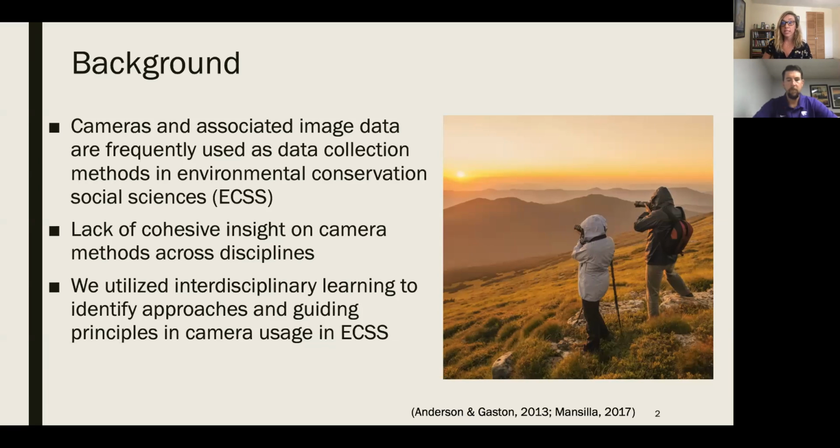And we realized that while we're really happy with that work, we can always learn more from other disciplines. And so in an effort to dive into the literature and seek out some advice from other disciplines, we found that there really is a lack of cohesive insight on camera methods across disciplines. So we decided to utilize interdisciplinary learning to identify approaches and guiding principles in camera usage across disciplines and specifically within ECSS.